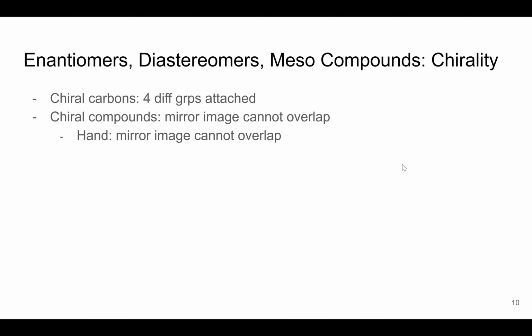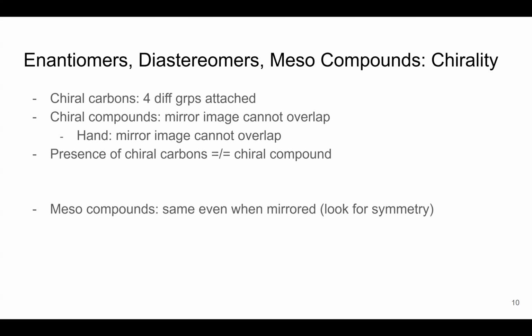So the presence of chiral carbons doesn't necessarily lead to a chiral compound, because the compound can also be a meso compound, which is one whose mirror image is the same as itself. An easy way of identifying meso compounds is to look for symmetry within that compound.